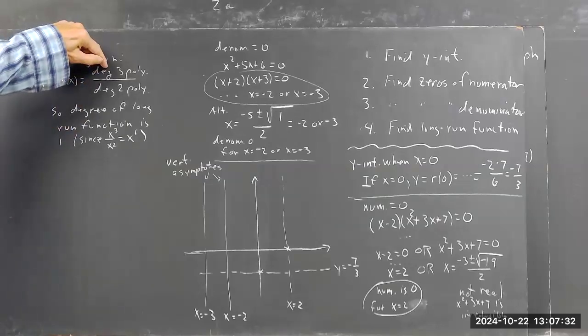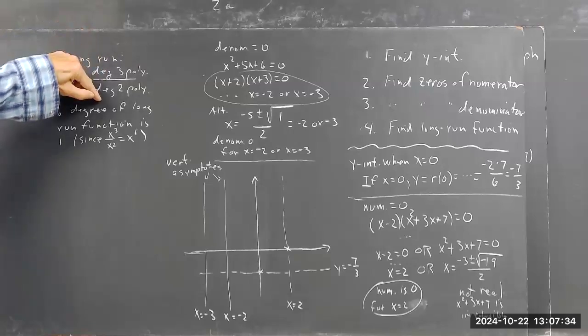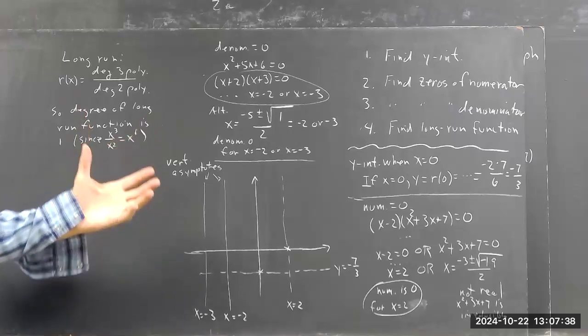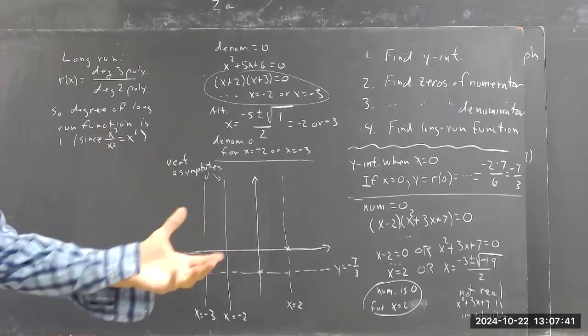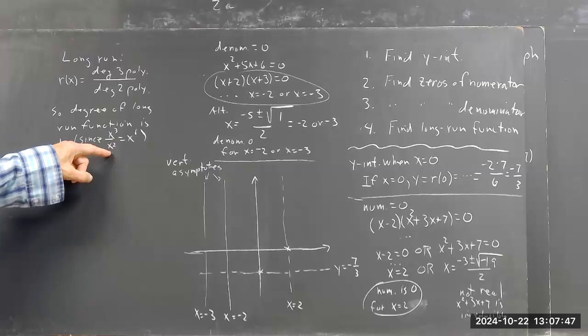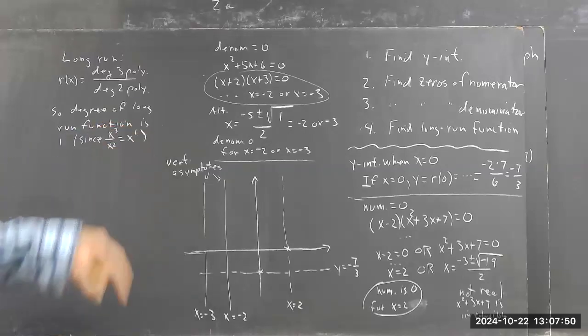Why? Because this is basically an x cubed function, and this is basically an x squared function. When x gets really big, all the lower powers become insignificant. And if it's a degree 3 divided by a degree 2, it means it's a degree 1.